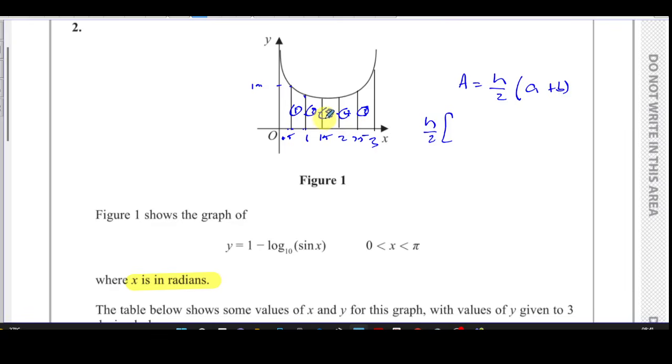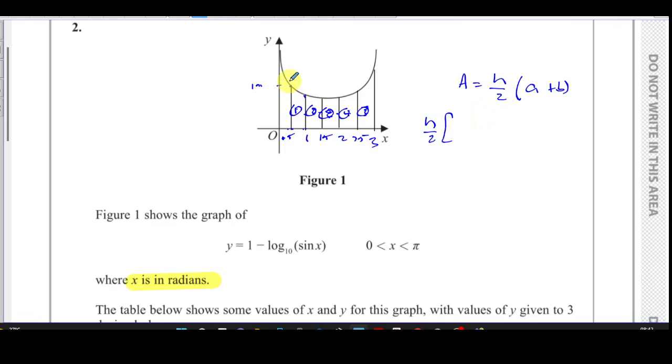Basically, what I'm trying to say here, and not very successfully, is that these lengths are going to be used twice. Once in the trapezium before them, once in the trapezium after them. But the first and the last lines will be used once because there's no trapezium before the first one and no trapezium after the last one.